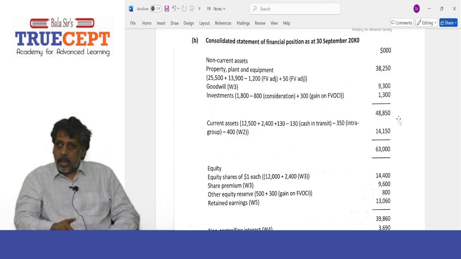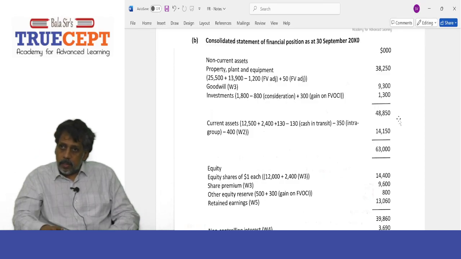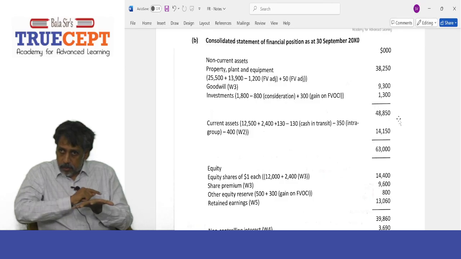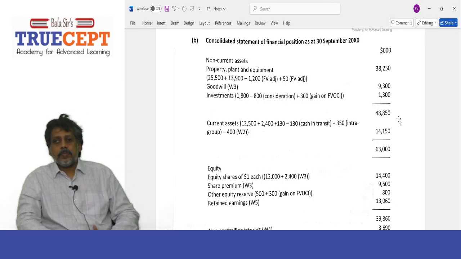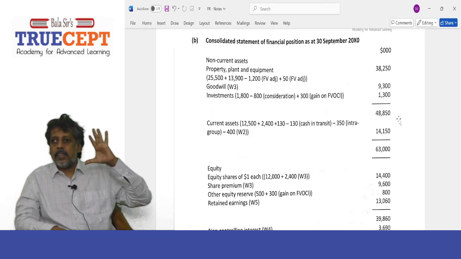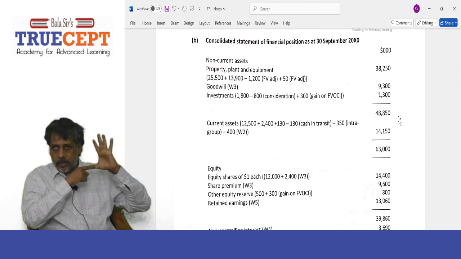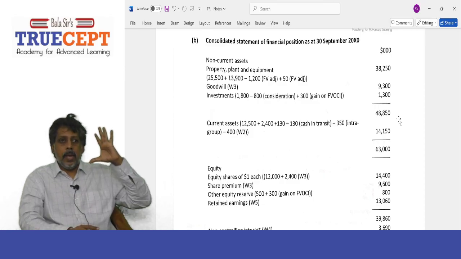But it's given that there is $130,000 that I wrote a check towards you, not yet reached you. What is the meaning? That means actually I owed you how much? 480. How 480? 350 plus 130. I owed 480 payable.